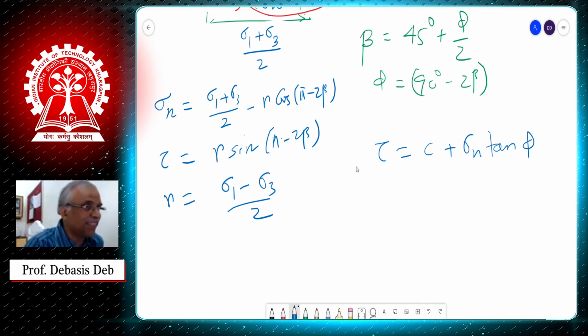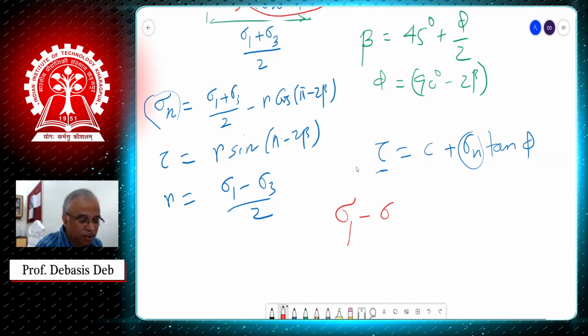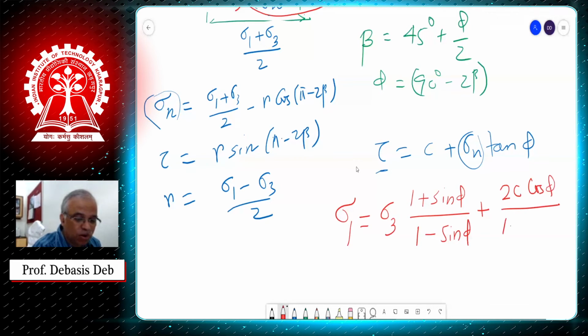Now if you replace this here and rearrange in terms of sigma 1 and sigma 3, the equation becomes something like this. Sigma 1 equals to sigma 3 times (1 plus sin phi) by (1 minus sin phi) plus 2c cos phi by (1 minus sin phi).